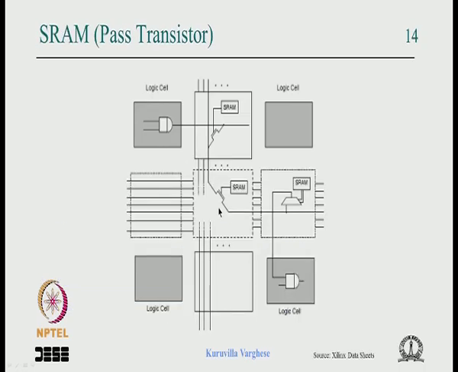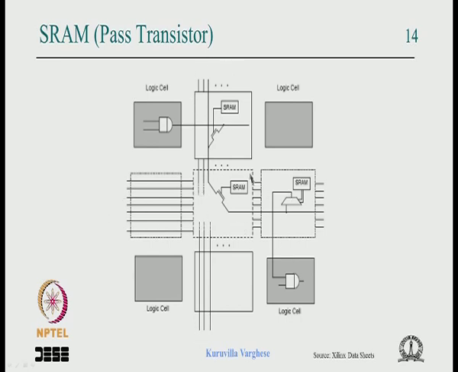One issue with SRAM is that this is a single flip flop. Look at this whole block. I hope you remember that this is a logic cell, and these four are logic cells, and these are the horizontal wires and these are the vertical wires.